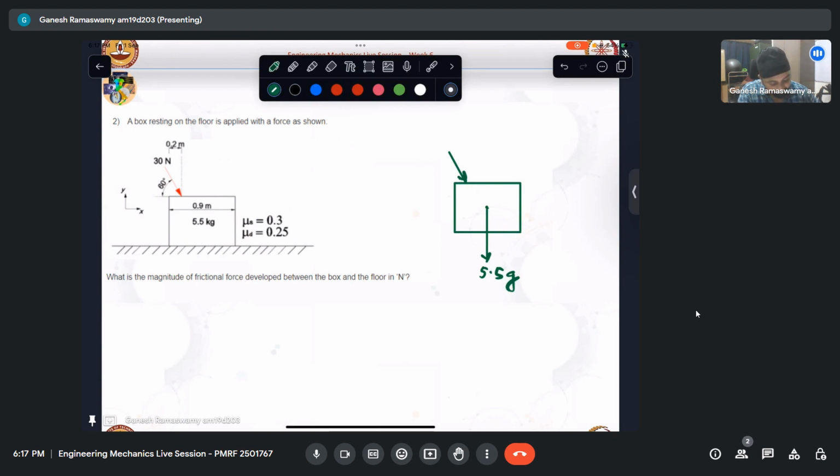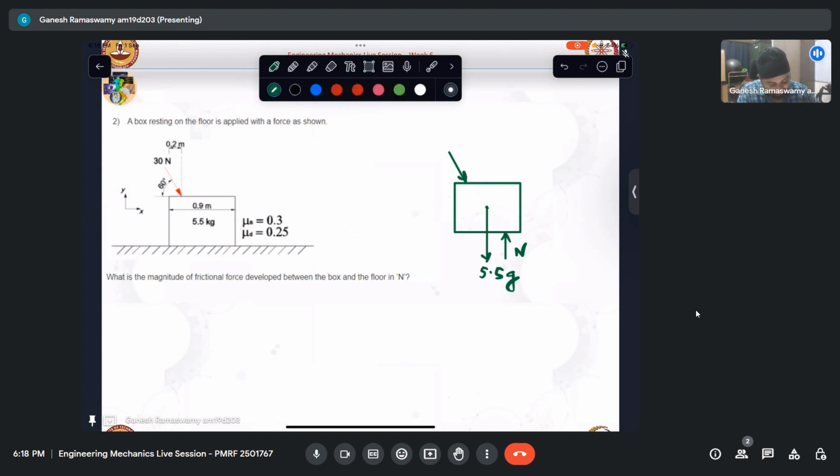And from the floor will be offering a reaction force. But as we discussed, we should not put this at the center. We should put this somewhere offset like that. N. It doesn't matter if I put it here or here, because of the principle of transmissibility, I can always shift it along its line of action. Let me put it here. Okay. So this is N.